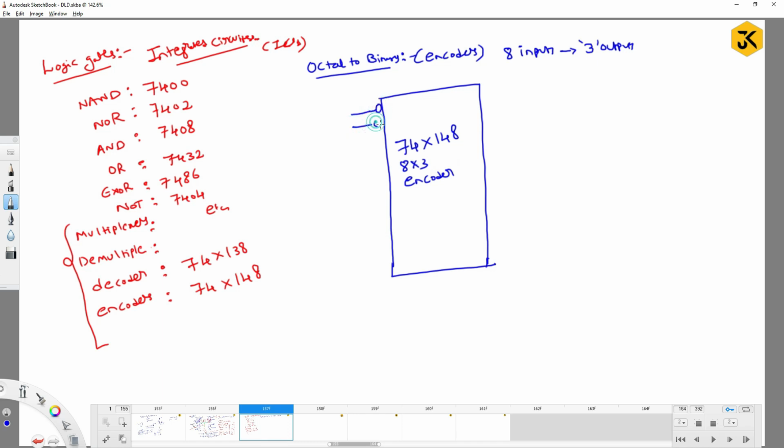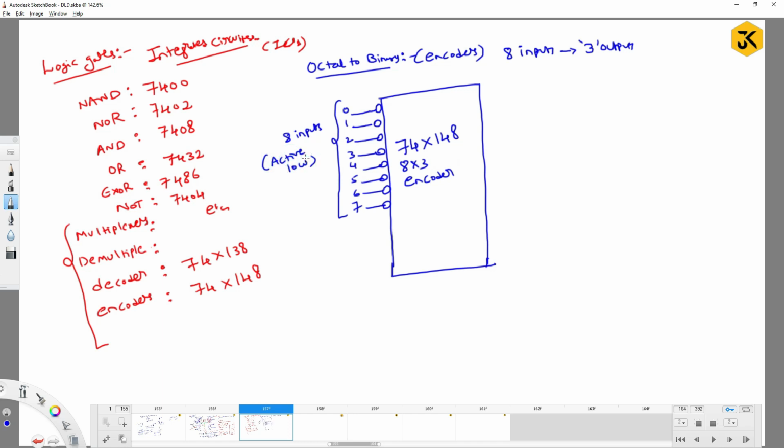How they implemented it is like this. What is the meaning of these bubbles? If I put bubbles, I can call the inputs 0, 1, 2, 3, 4, 5, 6 and 7. 8 inputs I have passed. As it is an 8 by 3 encoder, 8 inputs are passed, and all the inputs are active low.